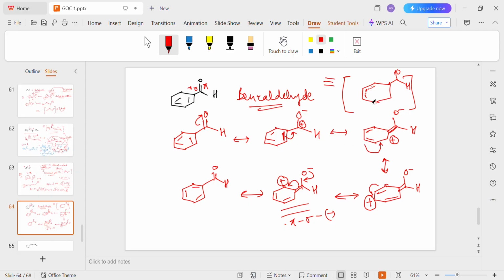So a double dotted line showing pi character development comes here also. Similarly, in this bond you have a pi bond, so you draw the pi character here. Here also, so pi character here. This is simply the circular motion of pi electrons of the simple benzene ring. So a pi electron cloud is there over this ring.